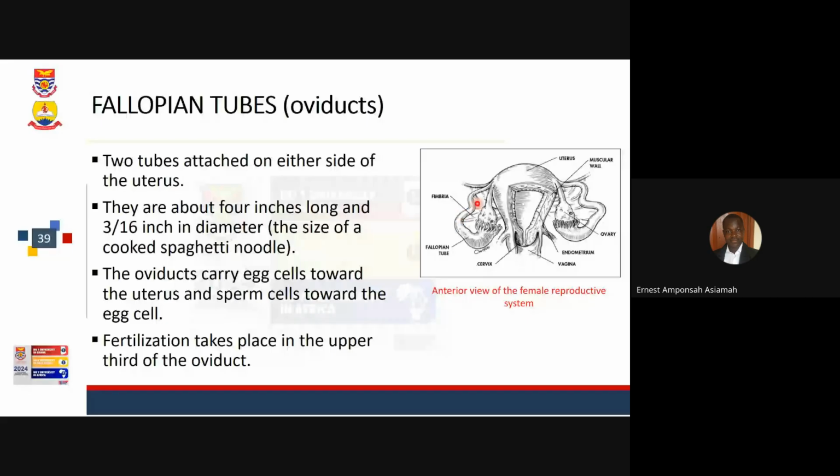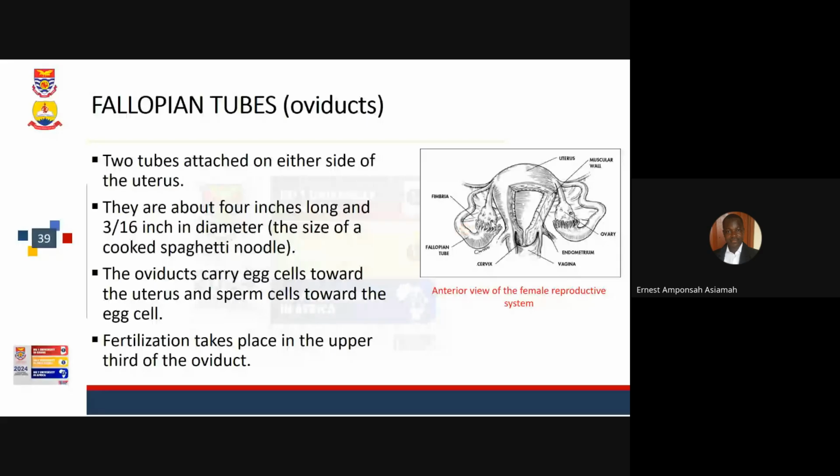There is a part that covers the ovary, and when the ovary releases the egg cell, it will catch it and transport it all the way towards the uterus. Okay, so the oviduct will carry egg cells, and fertilization usually occurs within the fallopian tube.